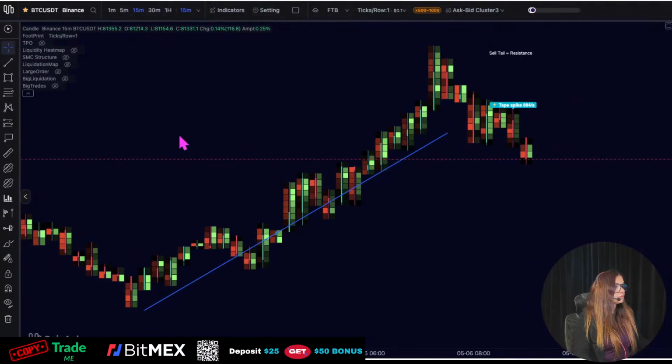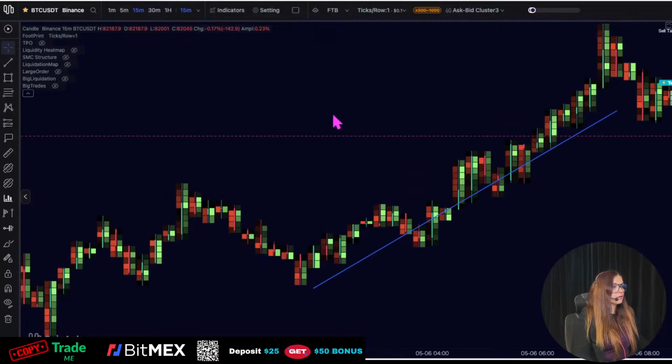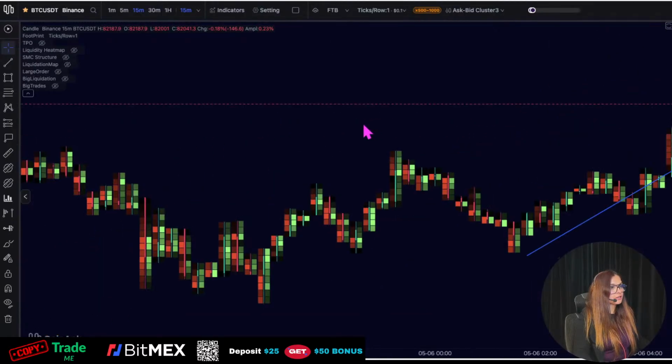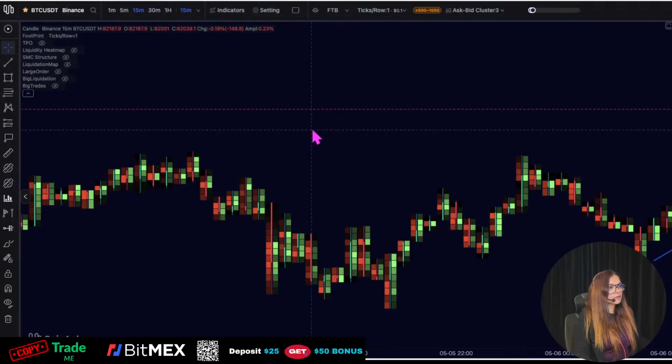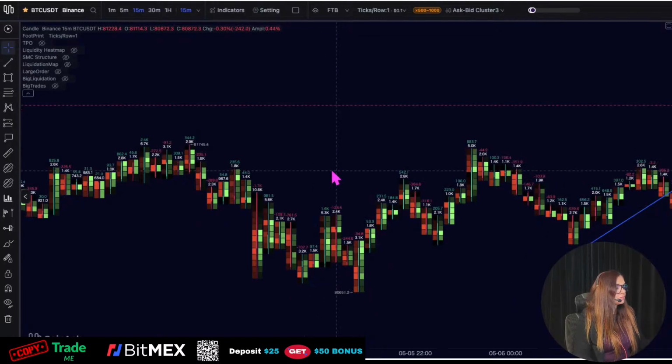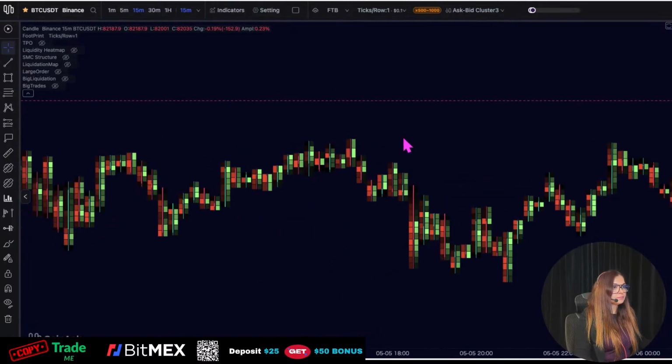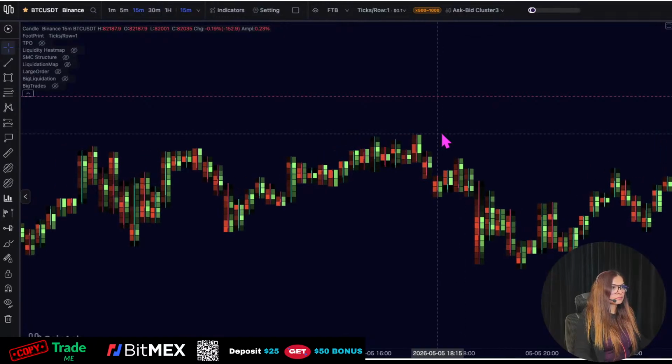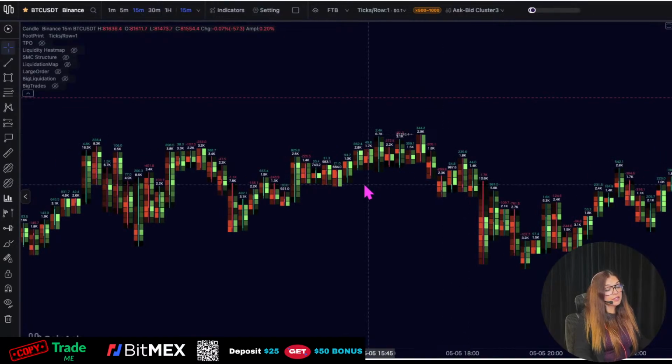So that's just a quick look. Let me just see in the chart here how we try to spot delta at key levels. Okay, here's a good example. Here's a great example, actually.